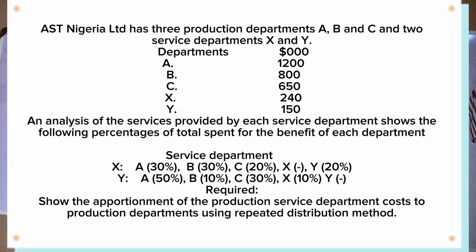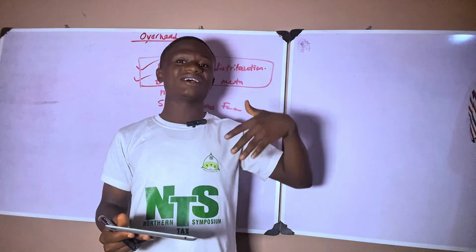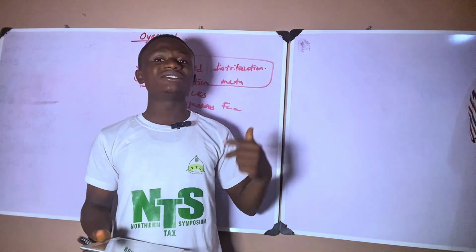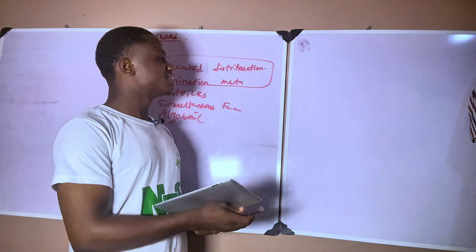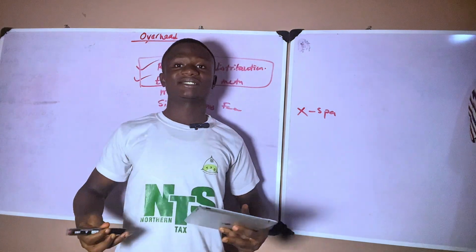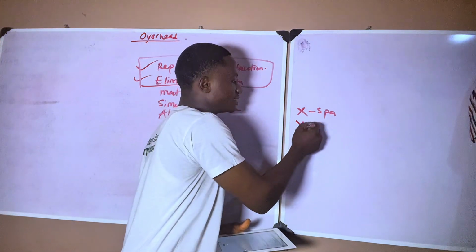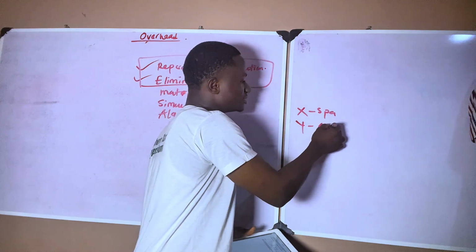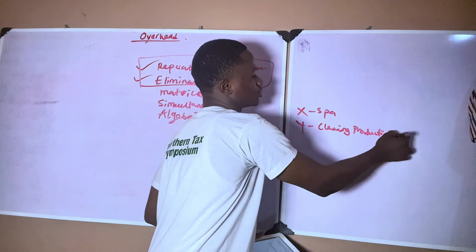Now, there's something I need to say before we solve this question. We can have 2, 3, 4, 5 service departments in an organization, but let's assume we have two, and it is possible that those two render service to each other. Let's say, for example, service department X renders spa or massage service. Service department Y renders, let's say, cleaning of production materials.